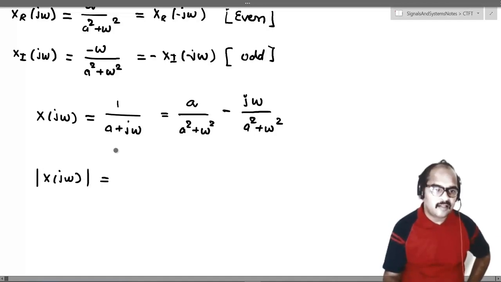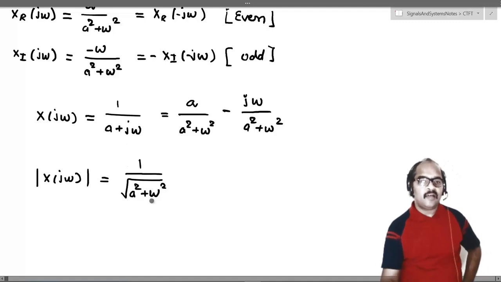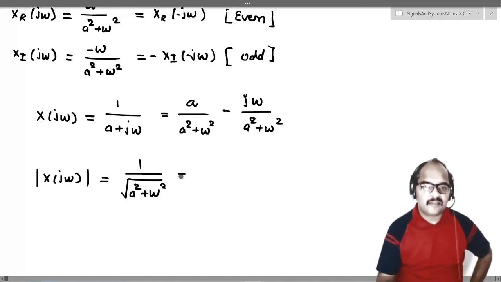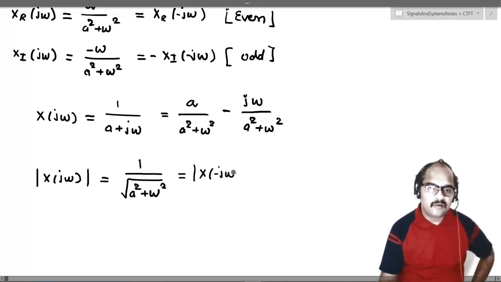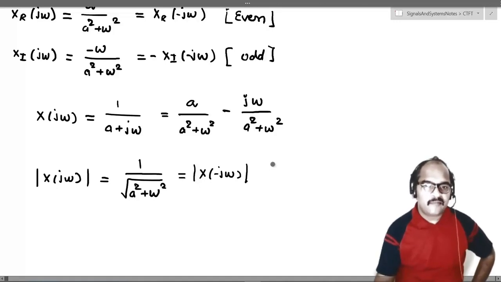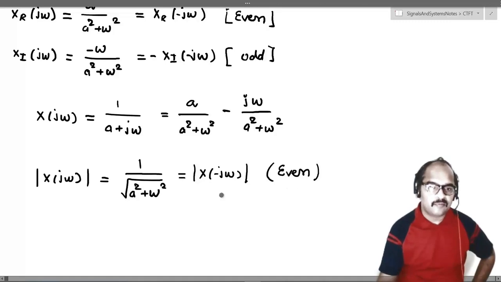That is nothing but 1 by root of a squared plus omega squared. The modulus of the denominator is root of a squared plus omega squared, and you can easily see that this is nothing but modulus of x of minus j omega, right? You replace omega with minus omega, it doesn't change, you will get back the function. So this implies the magnitude of the Fourier transform is even.